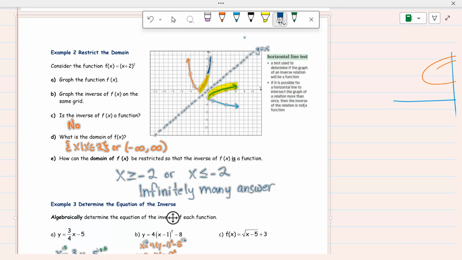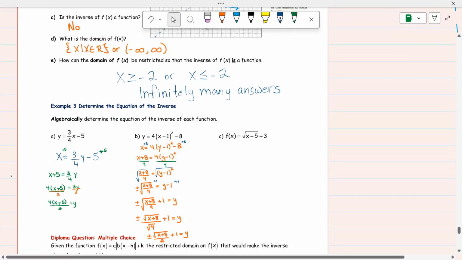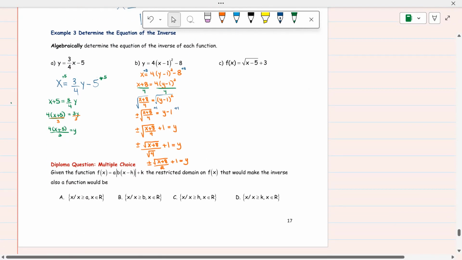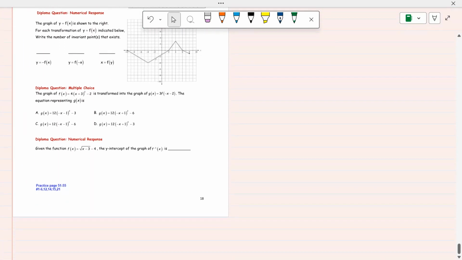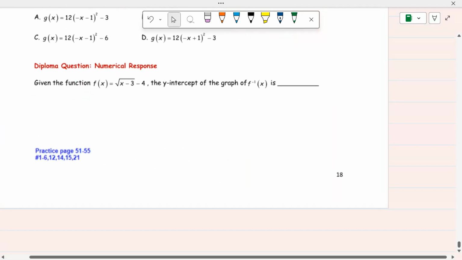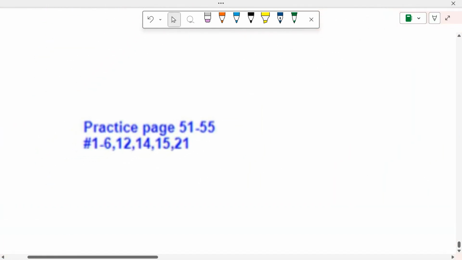All right, with that, please finish this little guy. Be careful with this one because there's a little twist, but I'm not going to say much more than that. Try it and see if you catch the twist. After that, don't do the diploma questions first. Do some of the textbook questions.